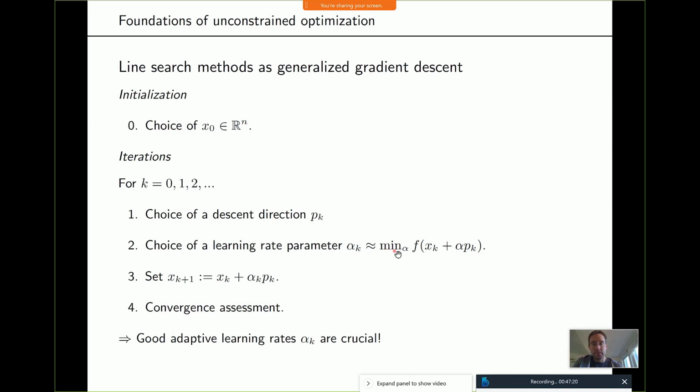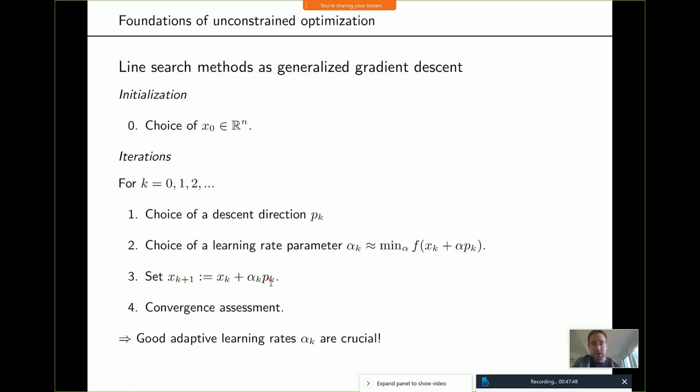So of course these algorithms are a little bit slower if you use adaptive learning rates, and then you define your new parameter value xk plus 1 as xk plus this adaptive learning rate times your descent direction. So again, you go into the direction of the descent.